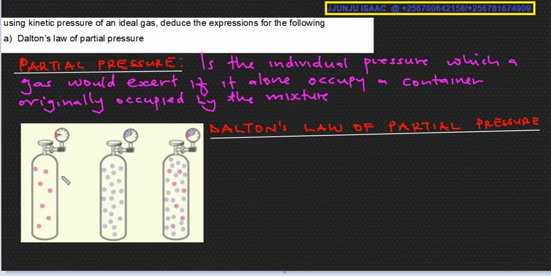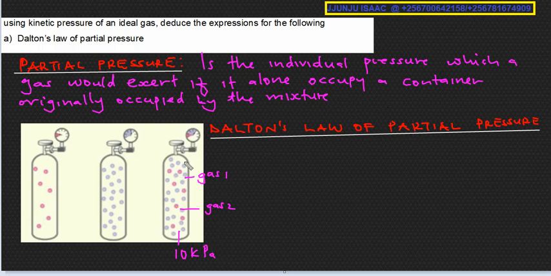So now let us look at the vessels here. I have a vessel here. Now this vessel will have gas 1 and gas 2. The total pressure here, let's say, is 10 kilopascals.